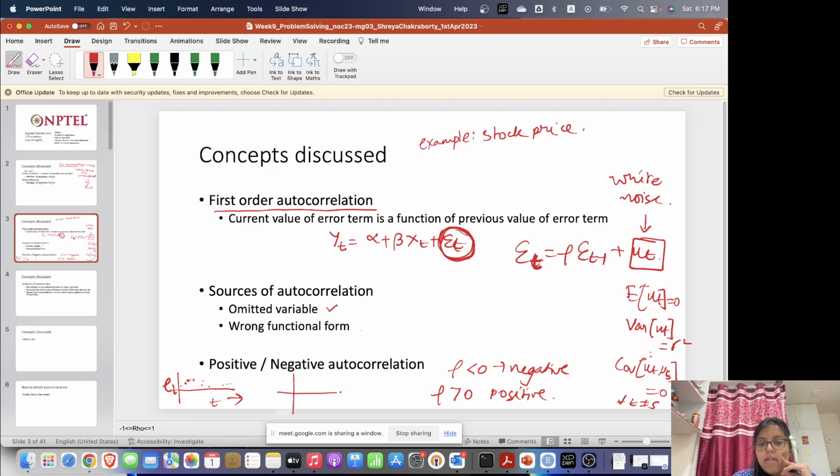However, if we have repeating or alternating patterns, some here, then here, then here, alternating like this, then we can say that we have negative autocorrelation.